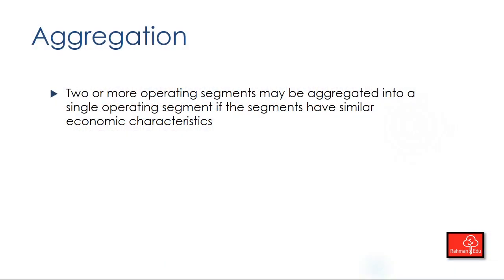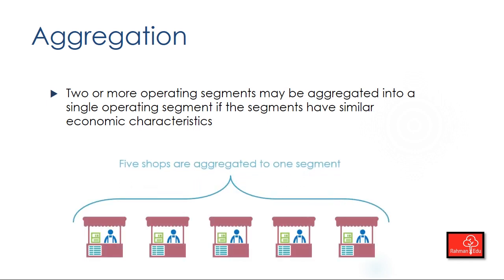Now, the aggregation principle. Two or more operating segments may be aggregated as a single operating segment if they have similar economic characteristics. Say, for example, you have 5 shops selling the same product. You should not report them as 5 separate segments; rather, aggregate them and report them as one single segment.